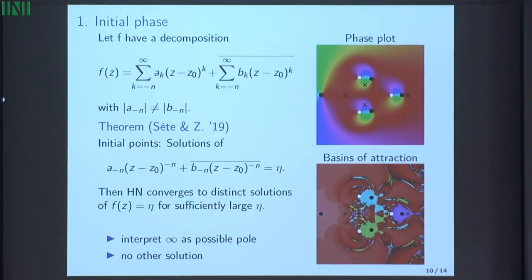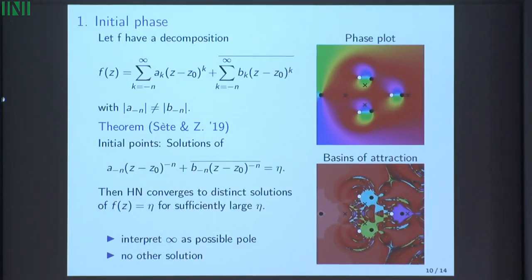Fine. But then we also have a solution on the very left and a fourth initial point here. This comes from interpreting infinity as a pole if necessary. So this solution is then close enough to infinity. The interesting point is that we have no other solutions if eta is large enough.